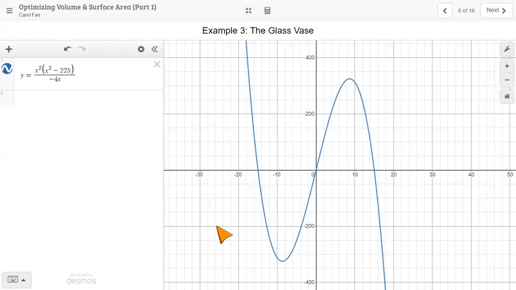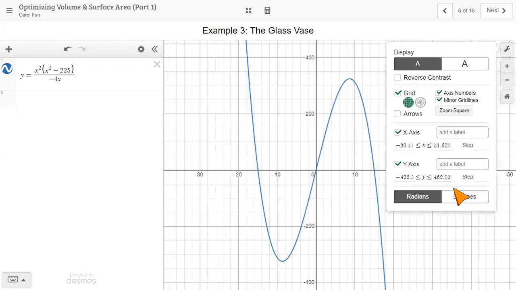But once again, I am not going to take quadrant 2, 3, or 4 into consideration because I can't have a negative volume. I also can't have a negative base.